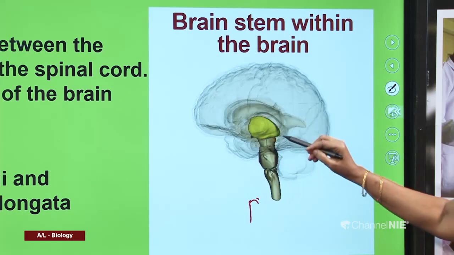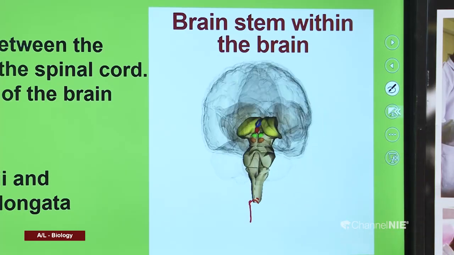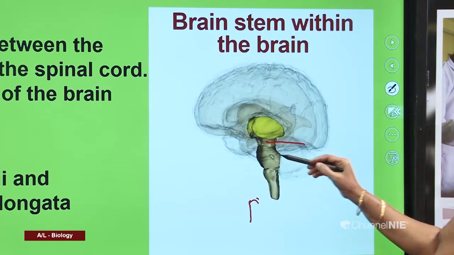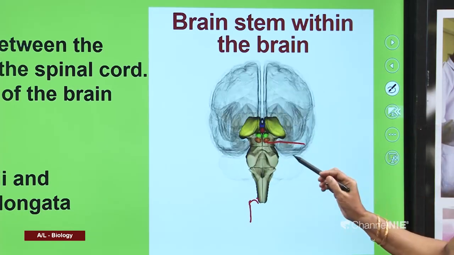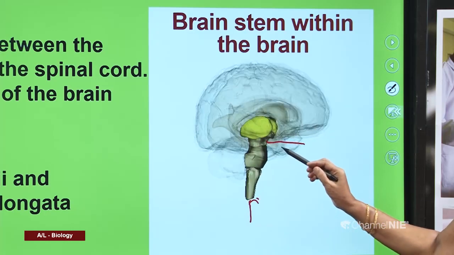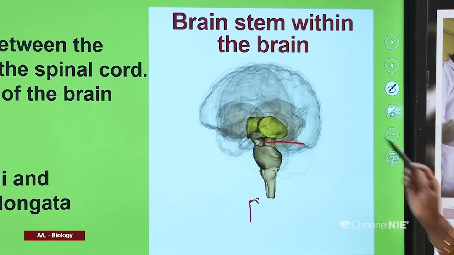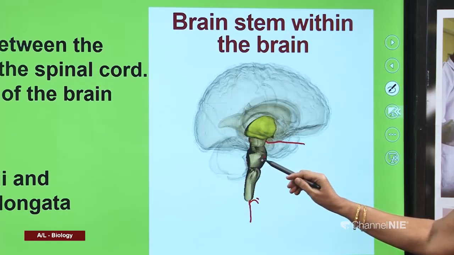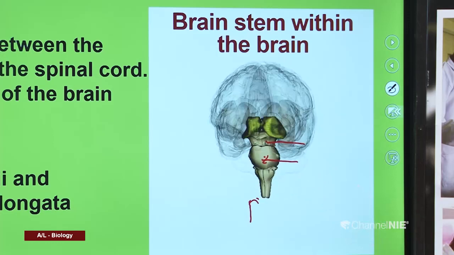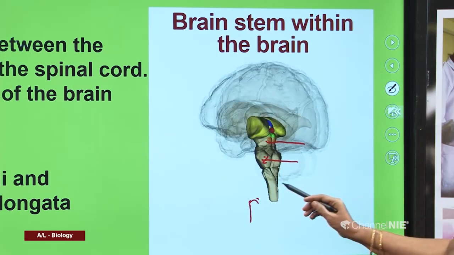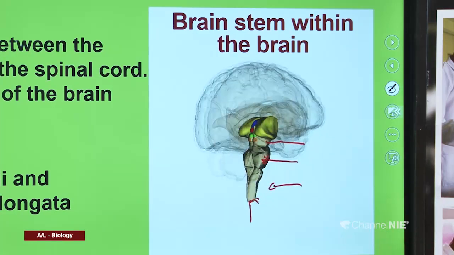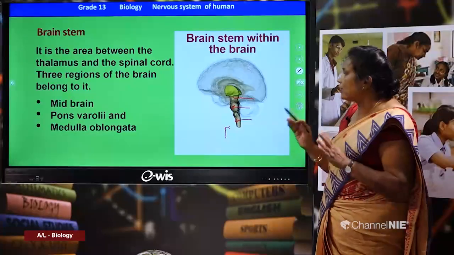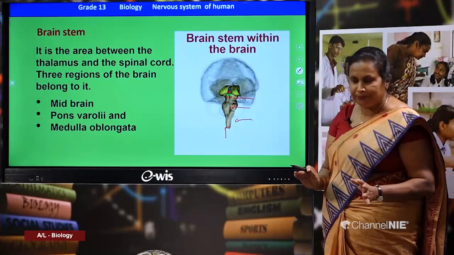In between you can see a number of areas, okay. This is rotating, you can see with 4 structures behind. That area is called the midbrain, right. Next one here is known as the pons, and this one is known as the medulla, right. Those are the 3 parts of the brainstem, understood.